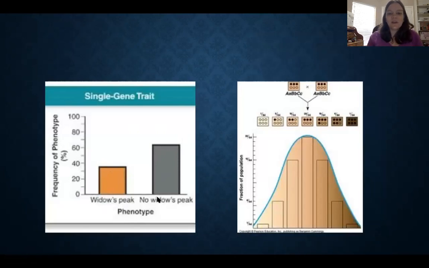When you graph the range of a polygenic trait, you get a bell curve. The extremes tend to be pretty rare, but you get everything in between, and the middle form is typically the most common, but not always.